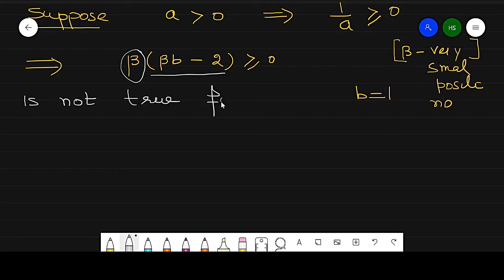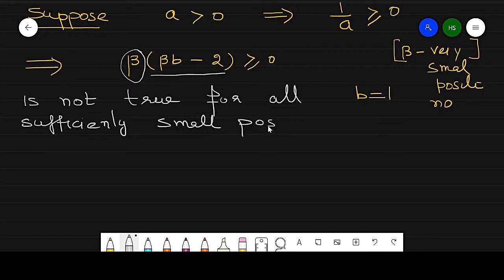for all sufficiently small positive numbers, small positive beta.